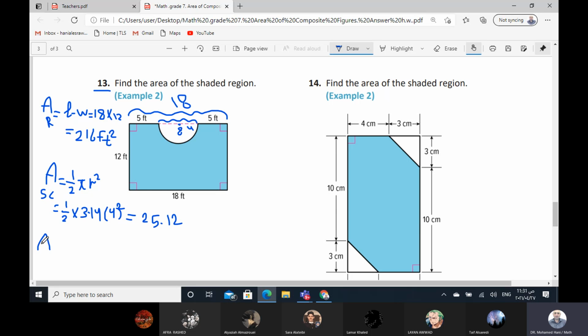Now the area of the shaded region will be the area of the rectangle 216 minus the area of the semicircle 25.12.